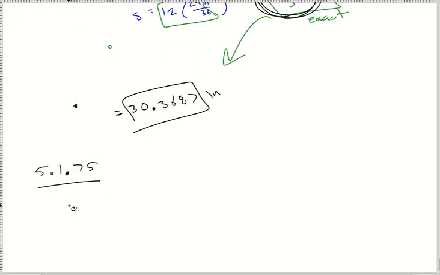175. So I think I got 2 more problems here. It says the angular speed is going to be in radians per second. Radians per second.